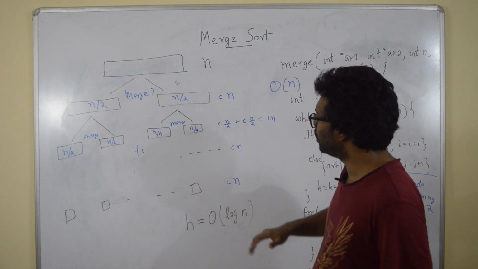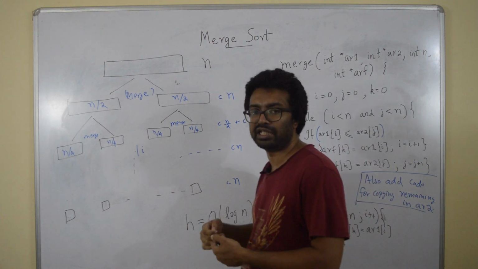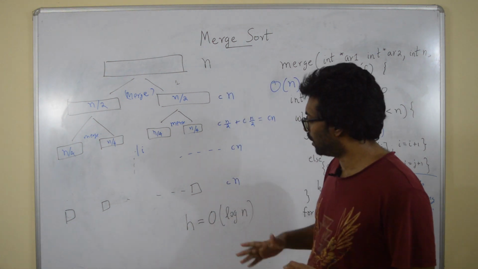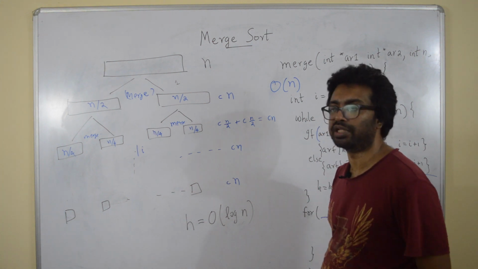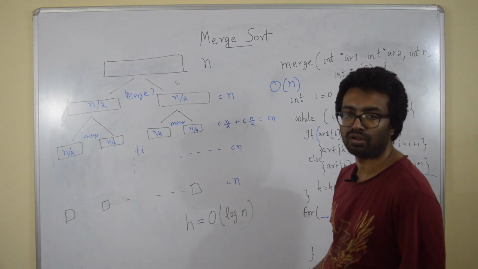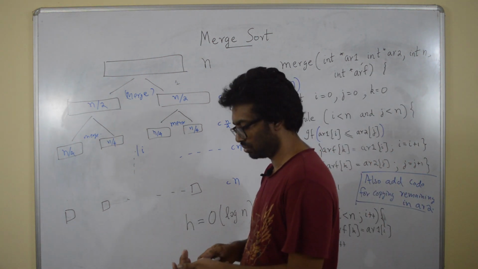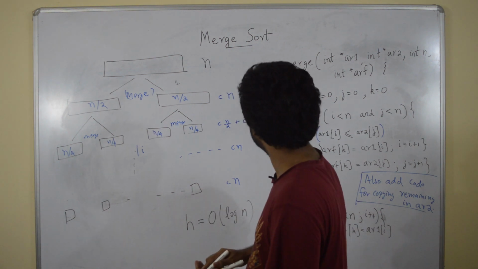So now, the point I'm trying to make is that at each level you're going to spend some Cn time. And how many levels are there? Log n levels. So what is the total time you spend to do merge sort? Cn into log n, order n log n, right? Do you see what I'm trying to say?